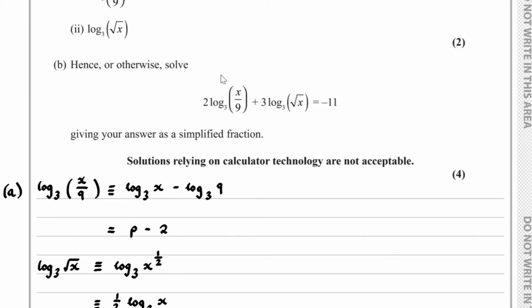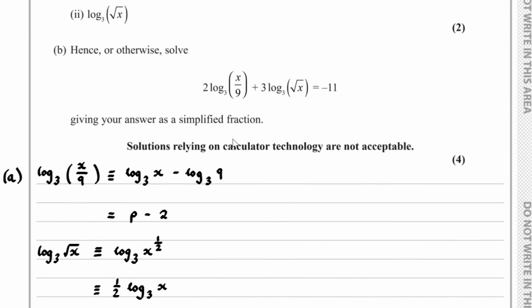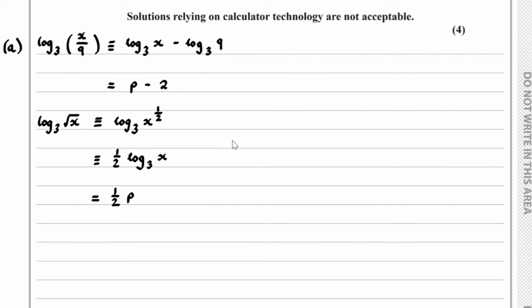Now for part b, hence or otherwise solve, 2 times log base 3 of x over 9 plus 3 times log base 3 of square root x equals -11, giving an answer as a simplified fraction. So for part b of the question, we have 2 times log base 3 of x over 9 plus 3 times log base 3 of the square root of x, and that's equal to -11.